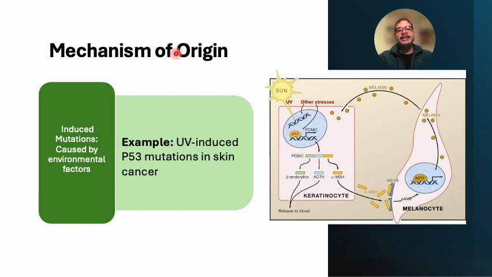When the cellular machinery detects UV-induced DNA damage, the ATM and ATR proteins are activated in response to the DNA strand breaks or damage. These proteins signal the P53 pathway to pause the cell cycle and allow DNA repair.